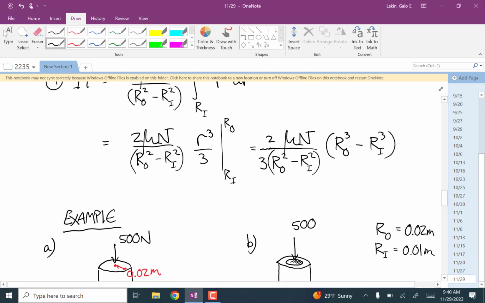The R inner would be 0. It looks like as R outer goes down, the couple goes down also, because you have an R outer cubed on top. If the R inner goes away, there's 0, then you just have 2/3 mu normal times R outer. So it's linear with R outer.